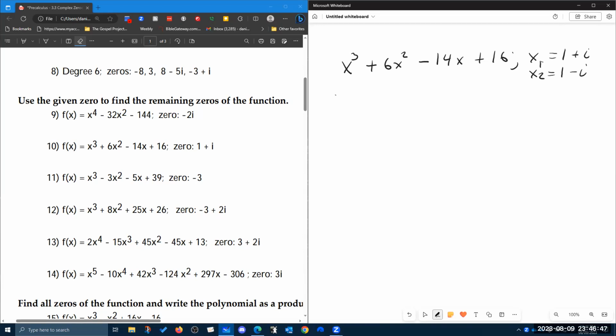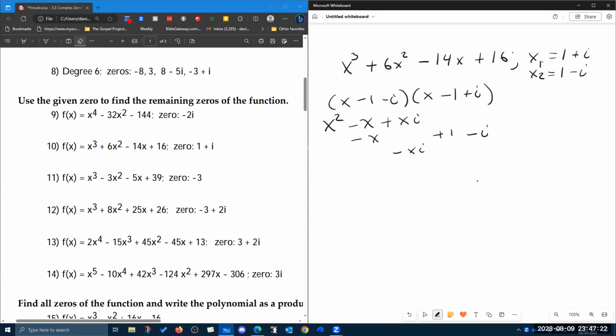So that gives me x minus 1 minus i times x minus 1 plus i. Let's go ahead and expand all of this. This is x squared minus x plus xi. This is a negative x plus 1 minus i. This is a negative xi.